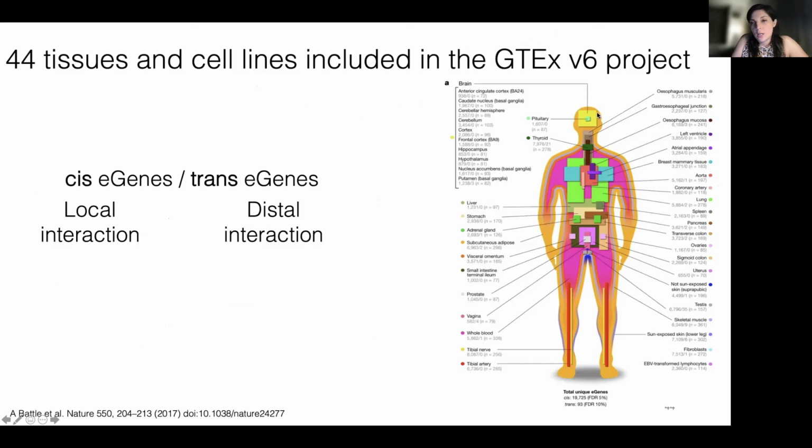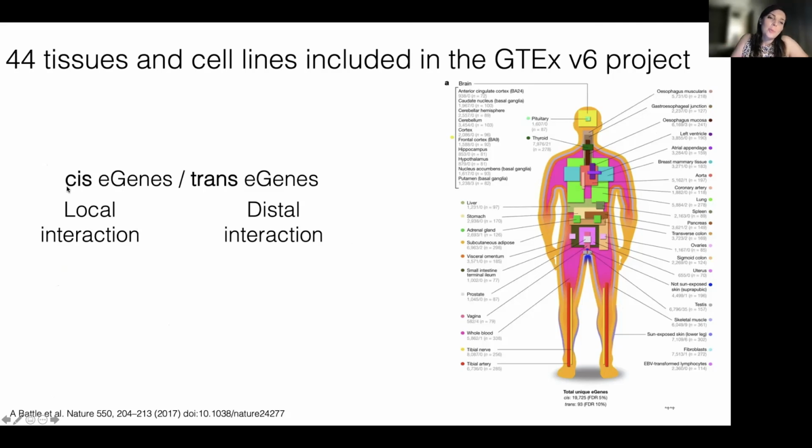And this is just a figure showing the different parts of the body. And this also matches with the violin plot that I showed you earlier, like the different brain regions, adipose types, subcutaneous and visceral, and these colors all match that figure if you want to reference back.